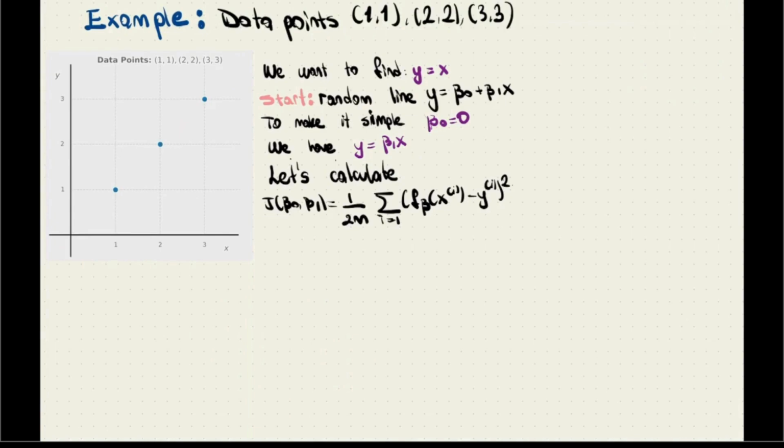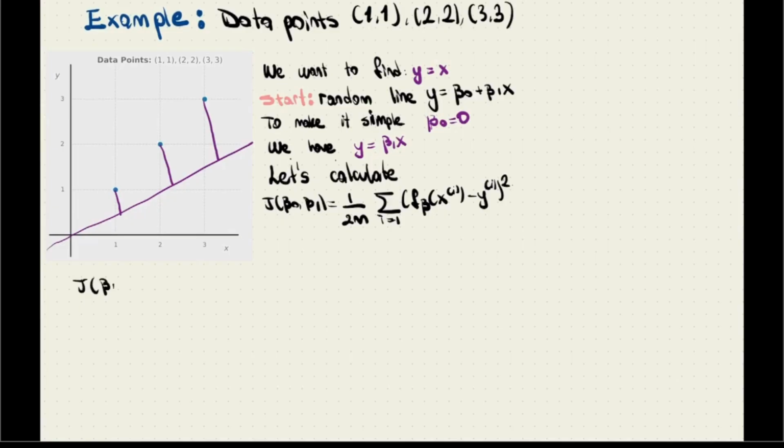In fact, if we have a random line passing through the origin, we will calculate the sum of the squares of the differences, and then we will divide by 2m. Here m is 3 because we have 3 data points. Let's begin.